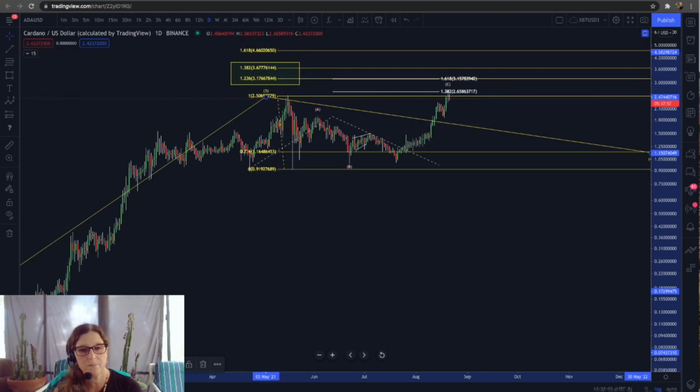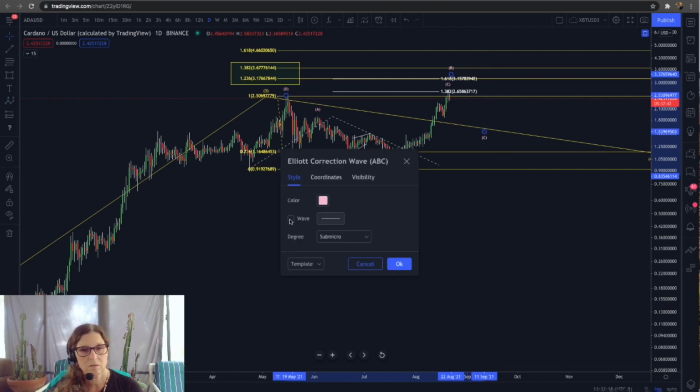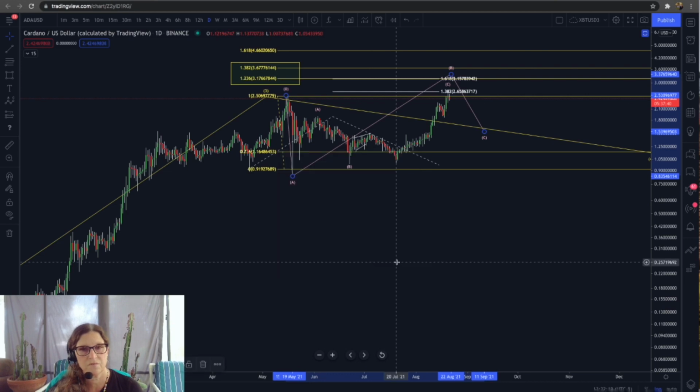So what could be happening here is that this first move down was an A. We're going up into the expanded B pocket for a B, and then we're either going to get a running flat C, which is a very bullish correction, or it's going to come down deeper for an expanded flat correction.